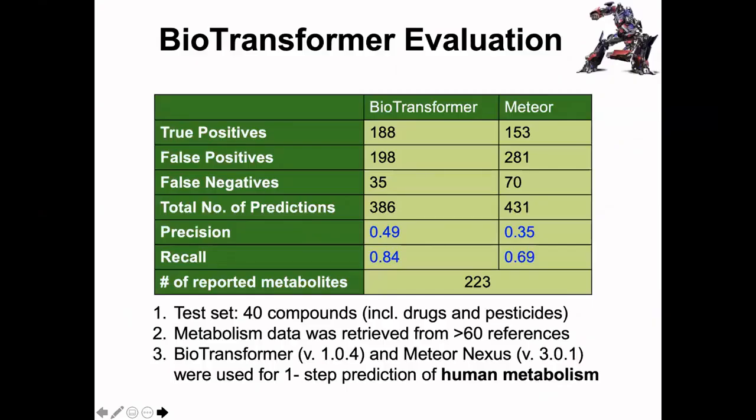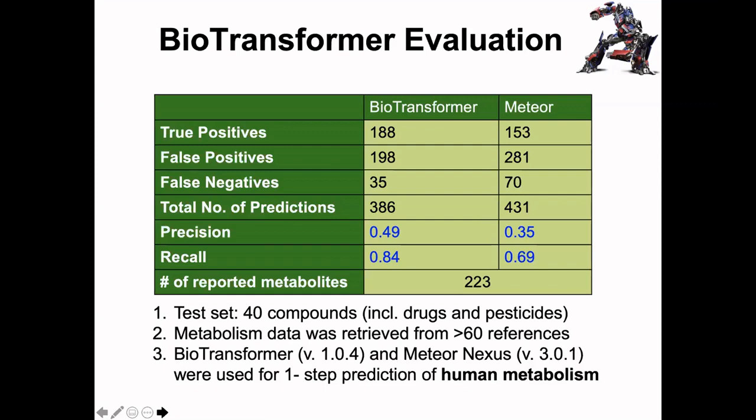We evaluated biotransformer and we're looking at it for a bunch of different compounds. We looked at drugs, we looked at food compounds, we looked at pesticides, a range of other compounds, both primary and secondary metabolites. And we compared them to a commercial program called Meteor. And we looked at things like precision and recall and a number of false positives and true positives.